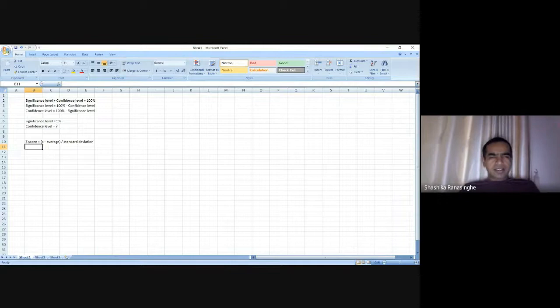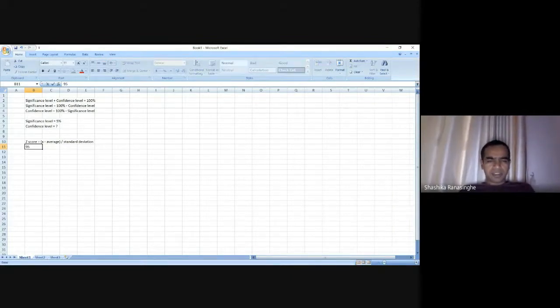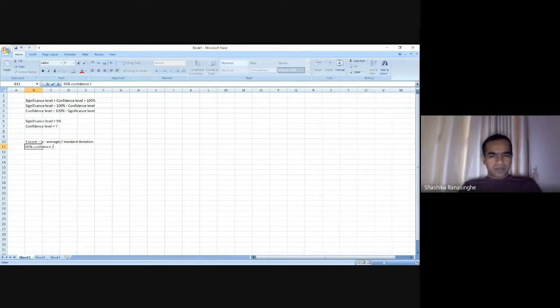And these Z scores at various levels you need to remember. At 95% confidence, or 5% significance, the Z score is 1.65.